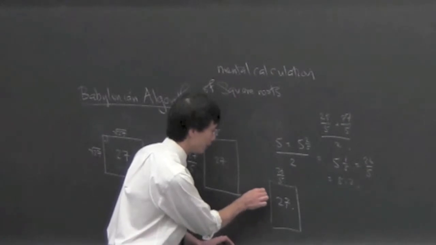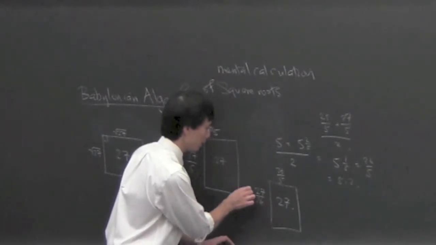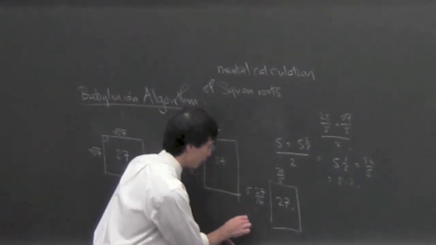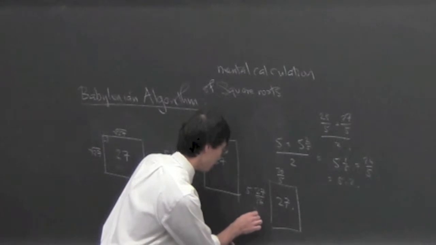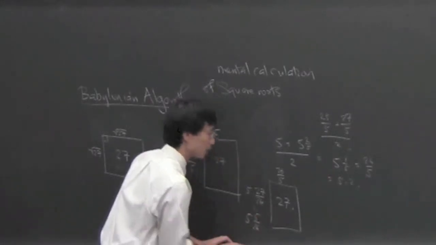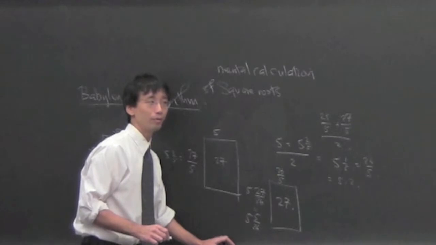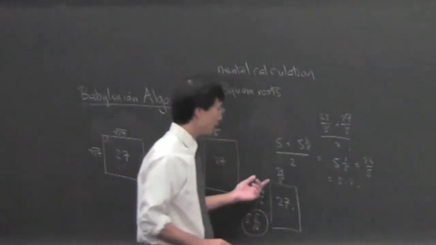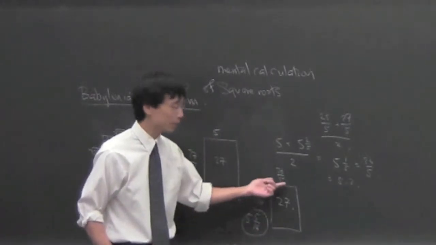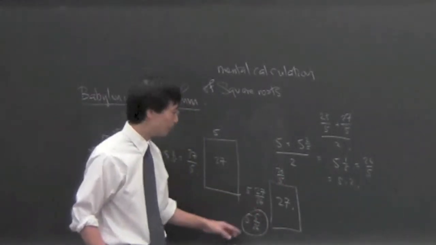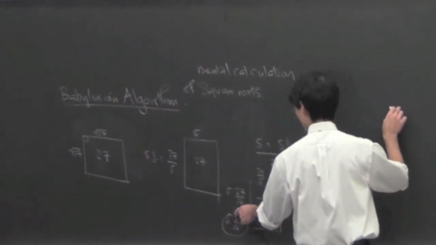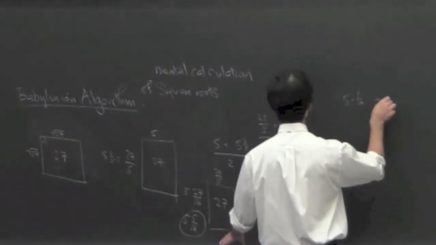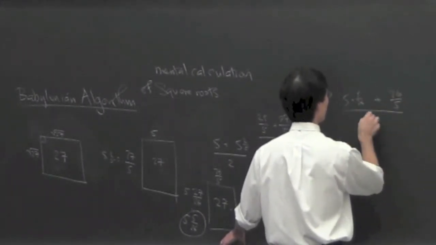Well, it would be 27 over 26 fifths, in other words, 5 and 5 26ths. So then you say, okay, again, one side is too long and one side is too short, so you take the average. You say 5 and 5/26 plus 26/5 over 2.